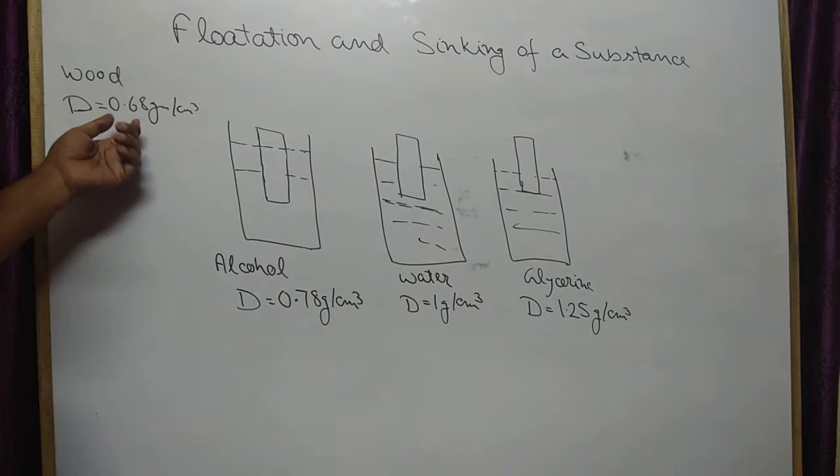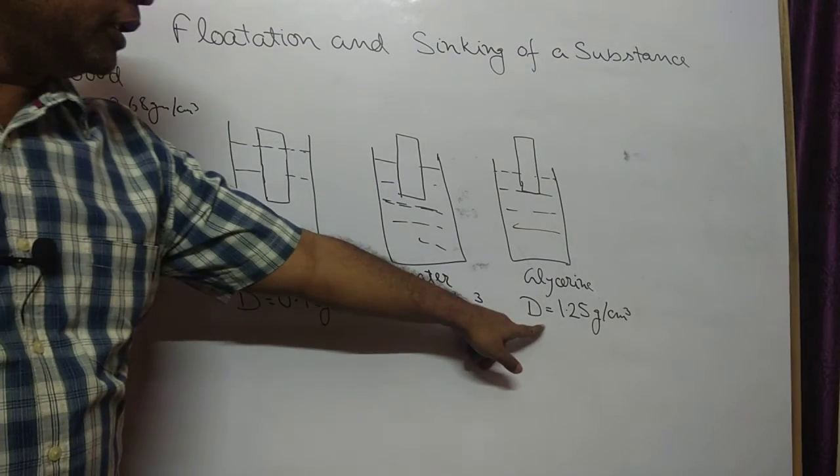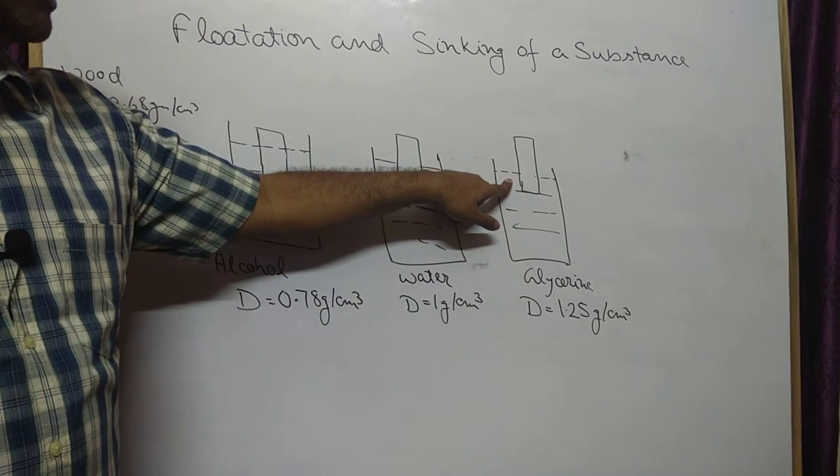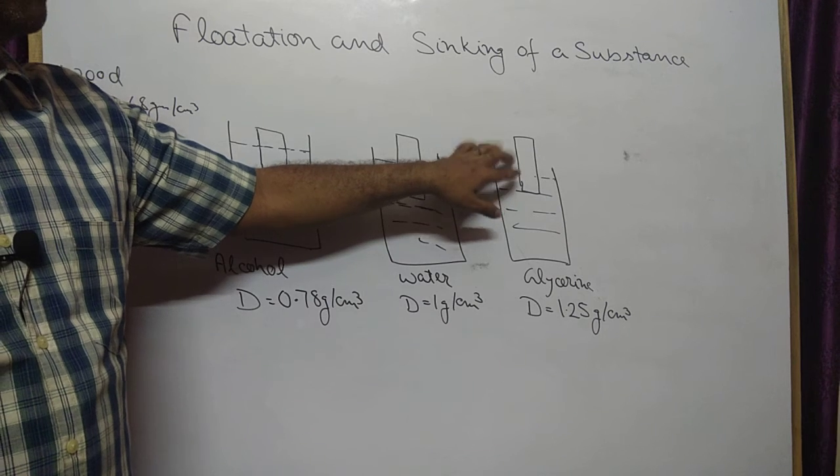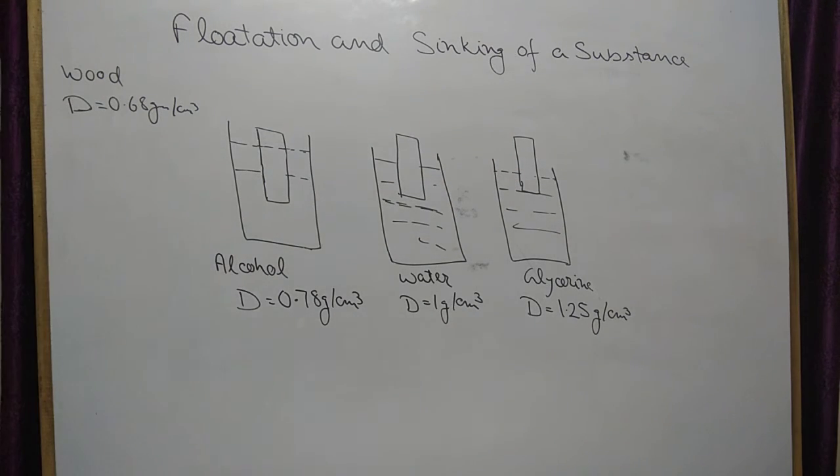If density is very much less than the given liquid, less part will sink and more part will be above the liquid. So this indicates that if we change the liquid, a solid only sinks if its density is greater than the given liquid. So this is the concept of sinking and flotation.